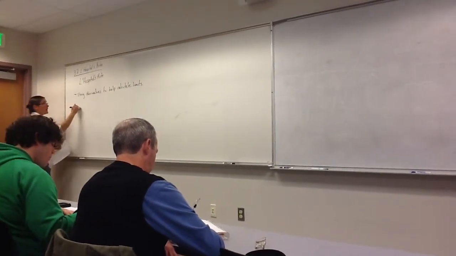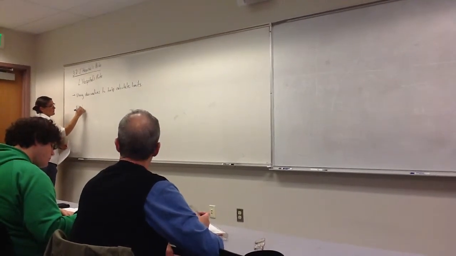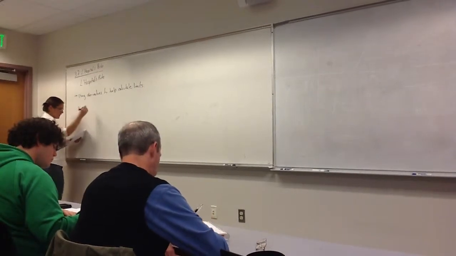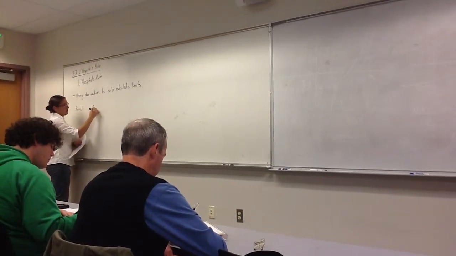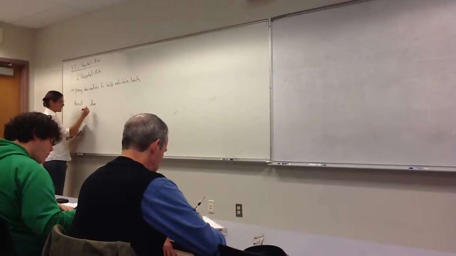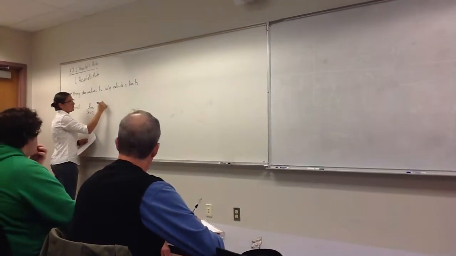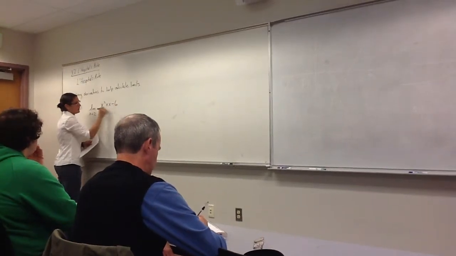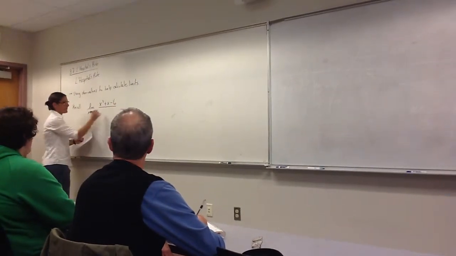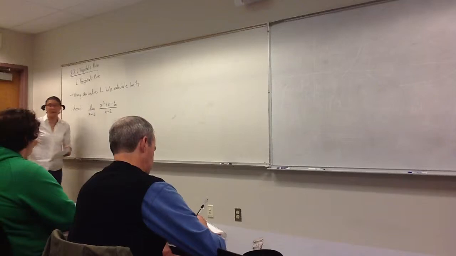Now, early on in the semester when we first began talking about limits, you may have seen a problem similar to this: calculating the limit as x approaches 2 of x squared plus x minus 6 divided by x minus 2.